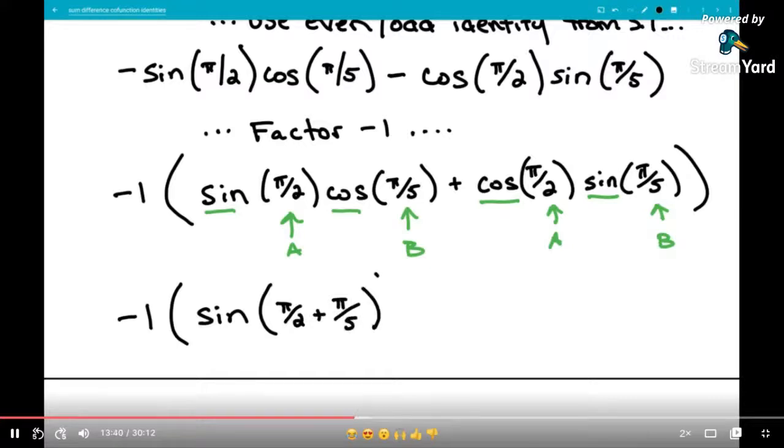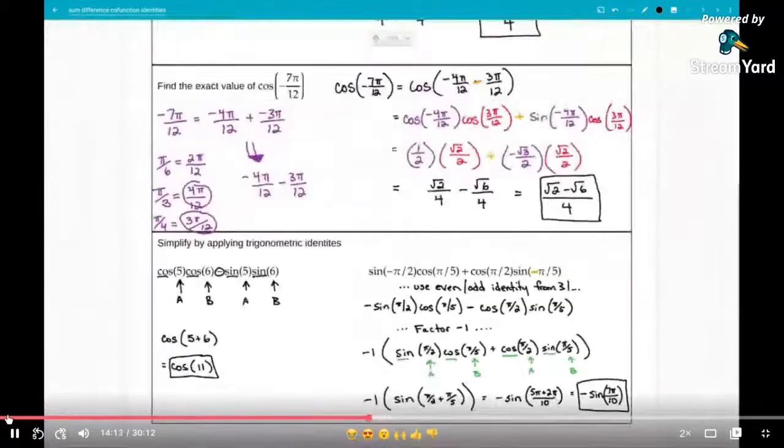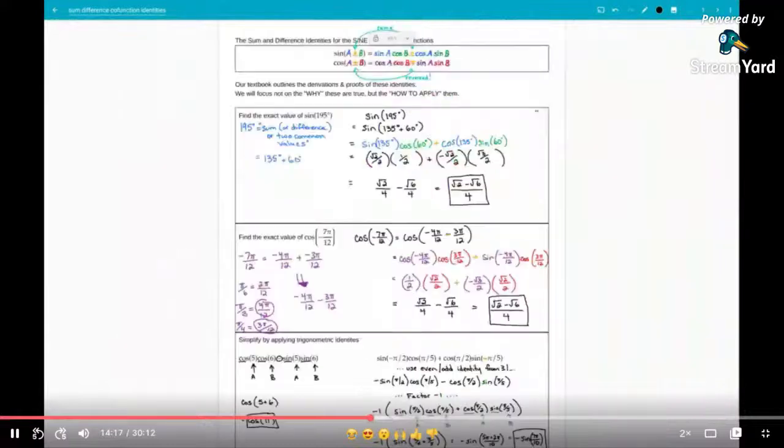I'll add pi over 2 to pi over 5 and get a final answer of 7 pi over 10. And that -1 that we factored out before carries along all the way through.